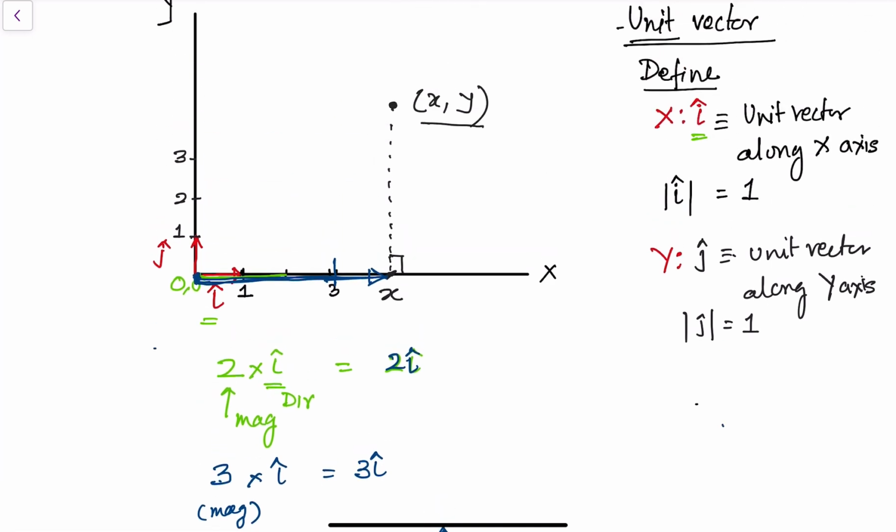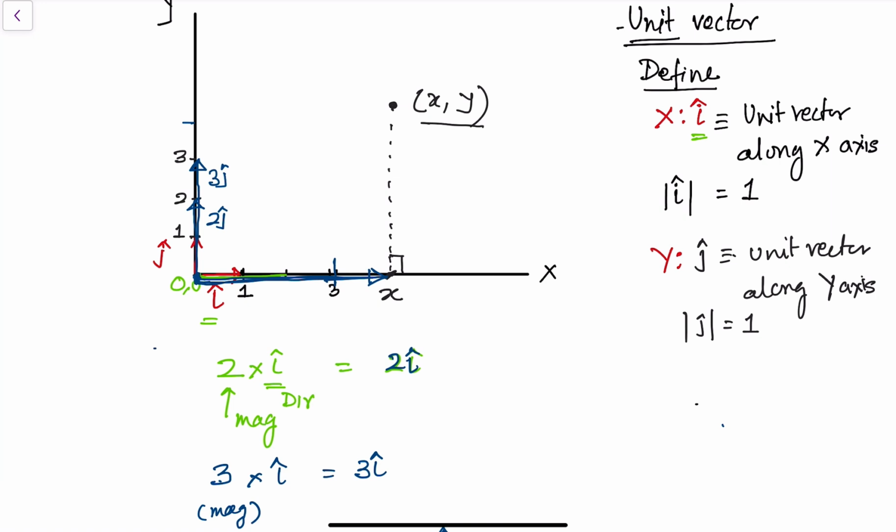Similarly, along the j axis, suppose I have to get a vector of length 2 along the y axis, then what will this vector be called? 2 times j cap. This will be called 2 times j cap. If I want a vector of length 3, then it will be called 3 times j cap.